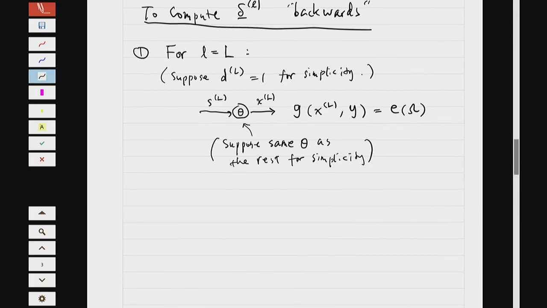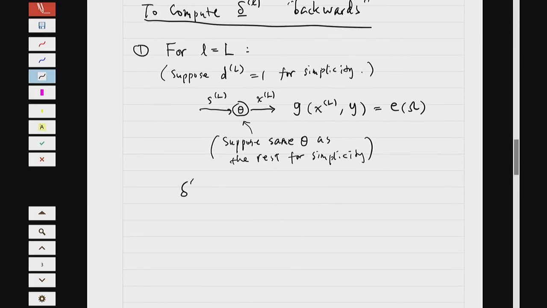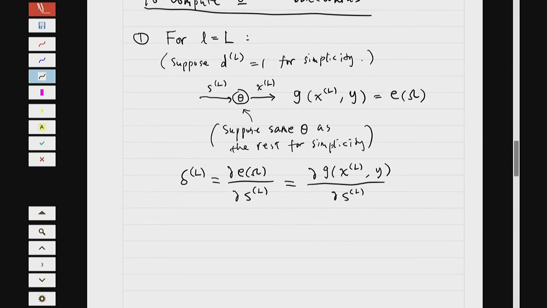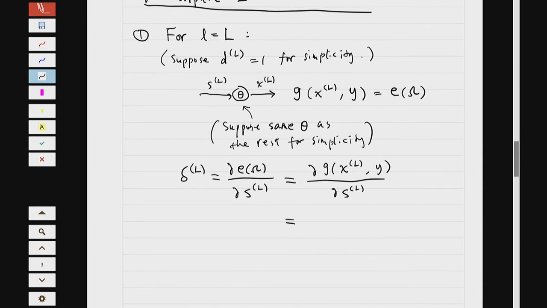Now we want to find this delta of L, the first one. By definition, this is the sensitivity with respect to the input to the last layer. We already know that at this stage, this is equal to X of L compared with the true label Y, and so this is the partial with respect to S of L. What do we do here?